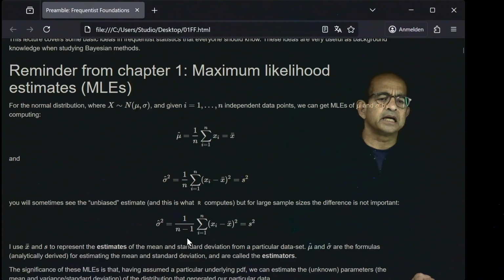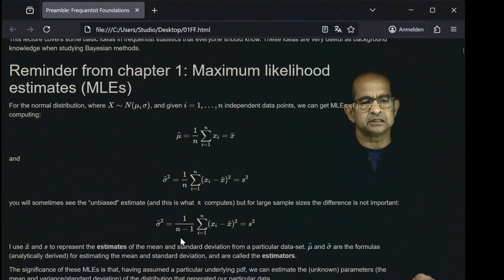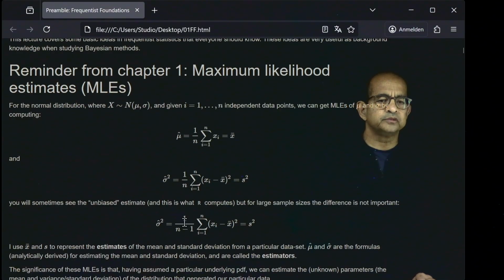The division by n minus 1 is to eliminate a bias in the estimate, but when the sample size n is large, it's not really going to matter that much whether you divide by n or n minus 1. I mention this difference because you will see these two equations in different textbooks, and R always uses the formula dividing by n minus 1 because this is an unbiased estimate of the variance.